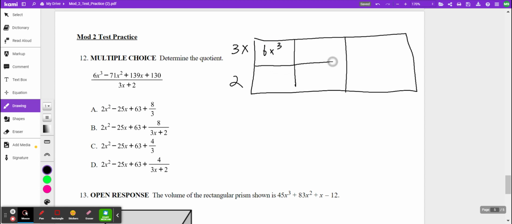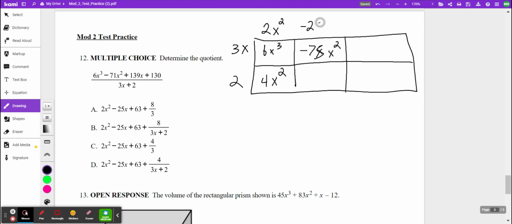Now, I don't know exactly what's going to work, but I think I'm going to have a remainder. So I'm going to have to figure out what is missing. Going through this, I can figure out what I need and slowly start getting the answer of what I want.